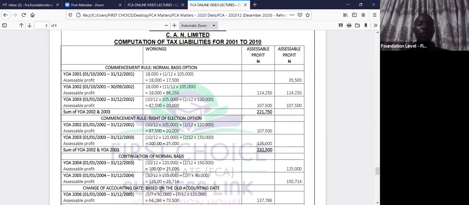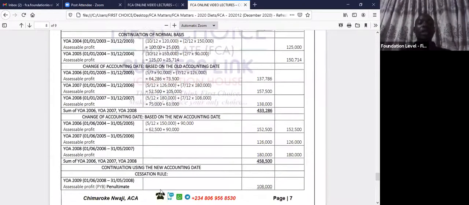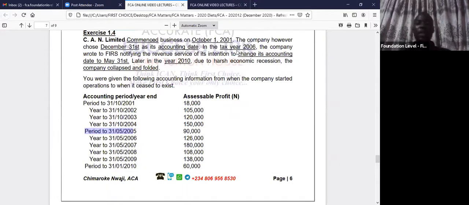Okay, now that we've done continuation, a change of accounting date has occurred. Mind you, we said in 2006, they wrote that they want to change from December to May 31st. So you see, they have started bringing to May 31st. So you see, there is a period here and there is a change of date.